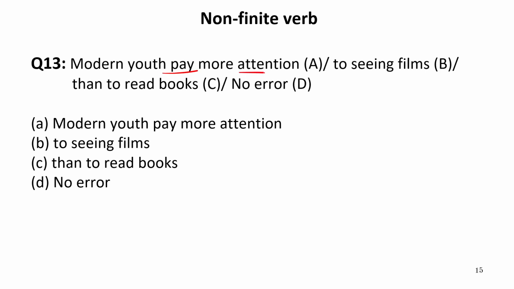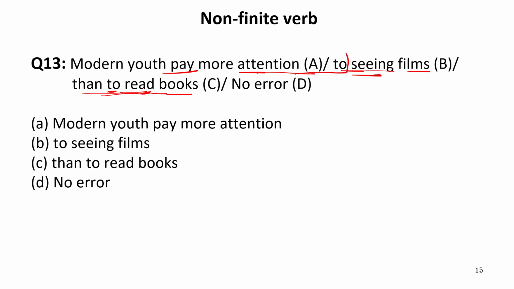Modern youth pay more attention to seeing films than to read books. Now there are two things, to seeing and then to read. To read is not correct here, because after to we would use the verb first form, not verb with ing. You can say pay more attention to seeing films than reading books.